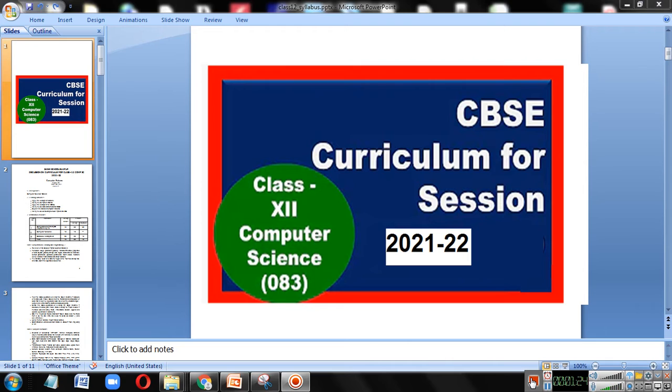Whatever is taught in the offline classes on a day-to-day basis, the same thing will also be available on our school website under the headings of different classes and the names of the subjects.